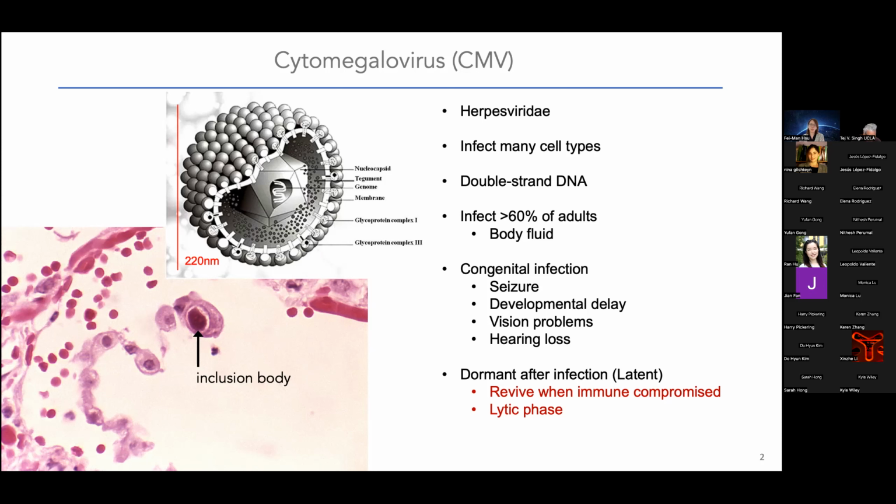The latent virus goes back into the lytic phase, which means CMV reactivates and starts to replicate its genome and produce virus particles, making use of all the host resources to propagate its own genome. So this is the target we're going to study.